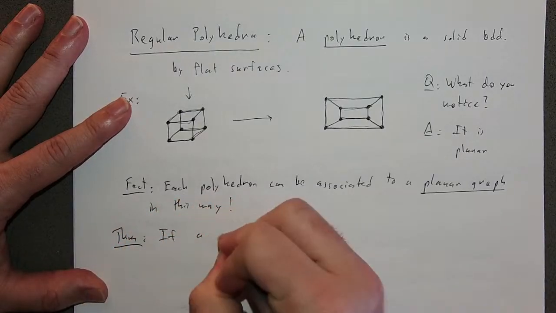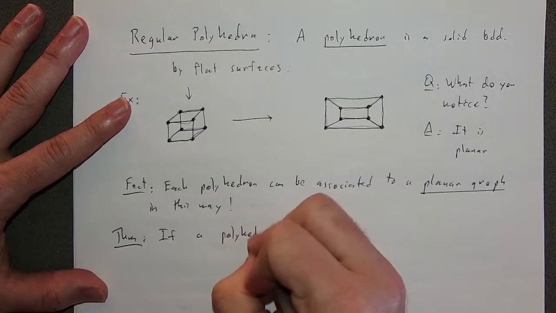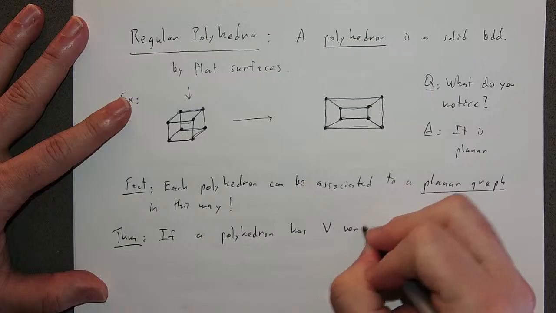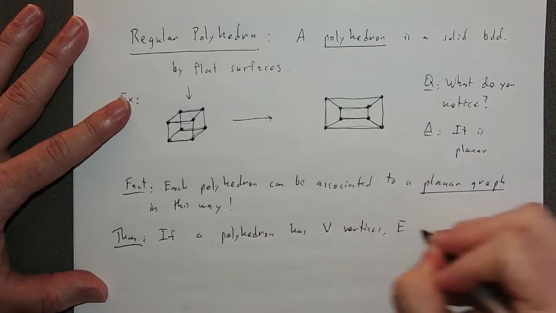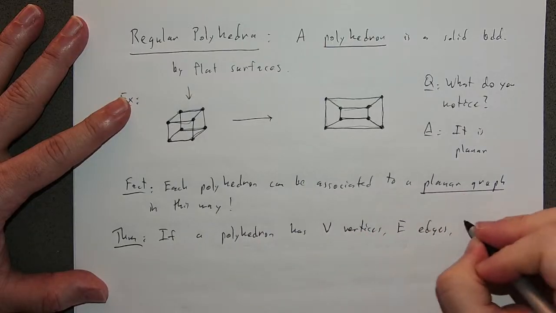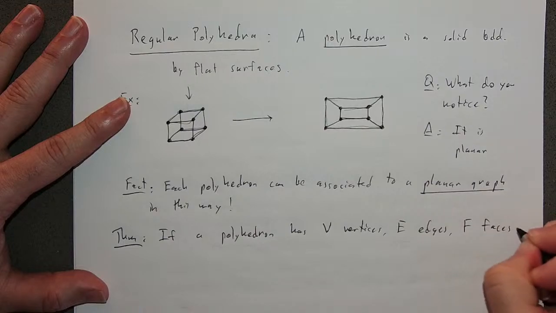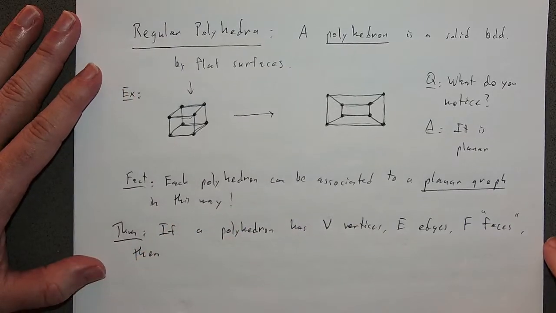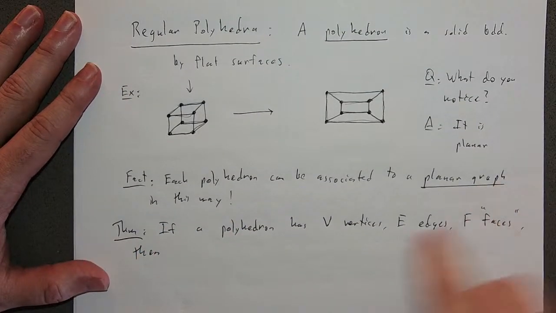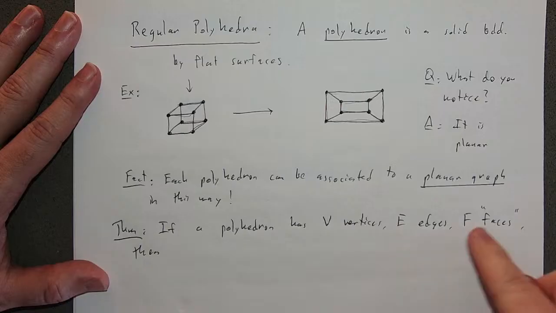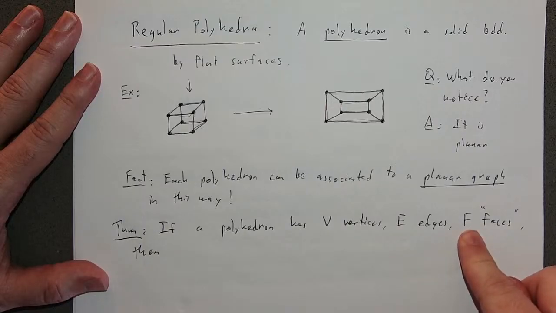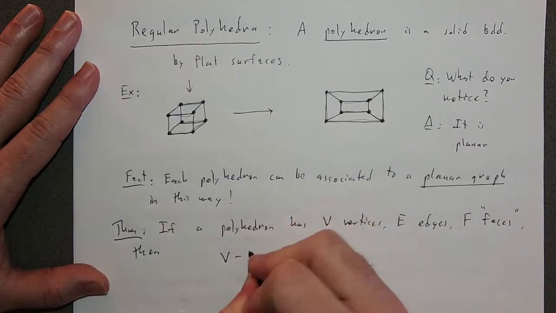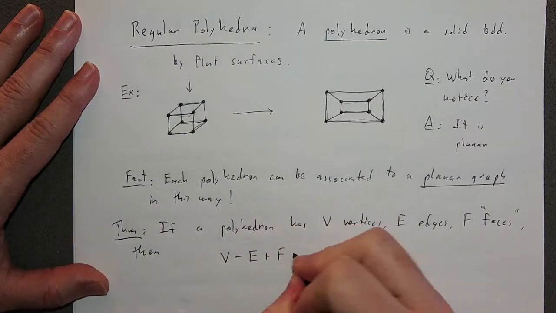If a polyhedron has V vertices, E edges, and F faces, then that corresponds to a planar graph having V vertices, E edges, and F regions. Euler's formula applies, so this means that vertices minus edges plus faces is equal to 2.